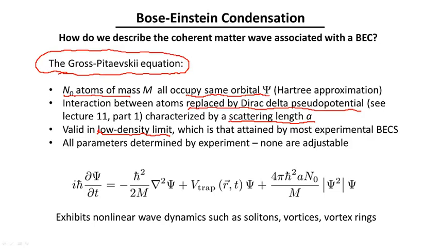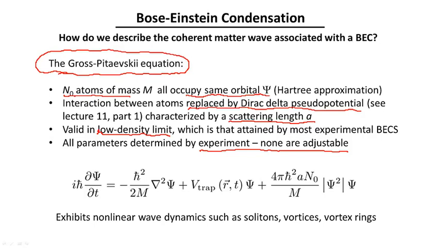That is a parameter which is determined by independent experimental measurements of the atomic collision physics. And I emphasize that in modern work, there are no adjustable parameters in the description of a Bose-Einstein condensate. Everything is determined, in some cases to great accuracy, by independent types of measurements.